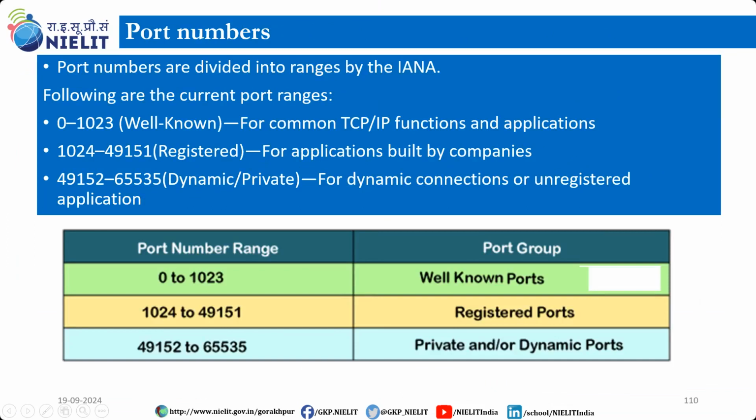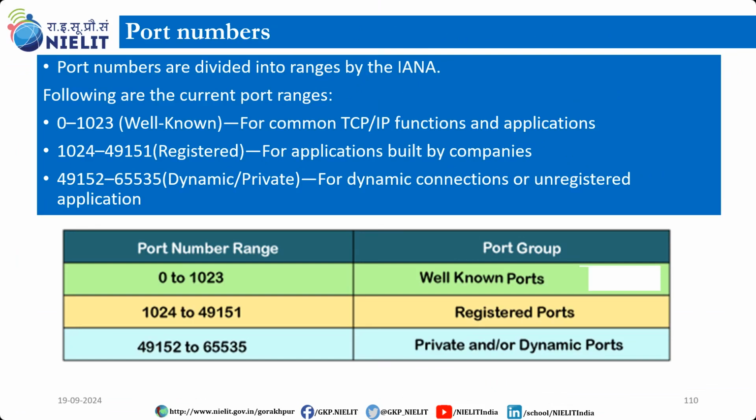Port numbers are divided into ranges by IANA. IANA is an organization, a body which regulates IP address distribution, port numbers, autonomous system numbers, and domain names. Every number and naming resource is controlled by IANA, the Internet Assigned Numbers Authority. IANA is headquartered in Geneva, Switzerland.